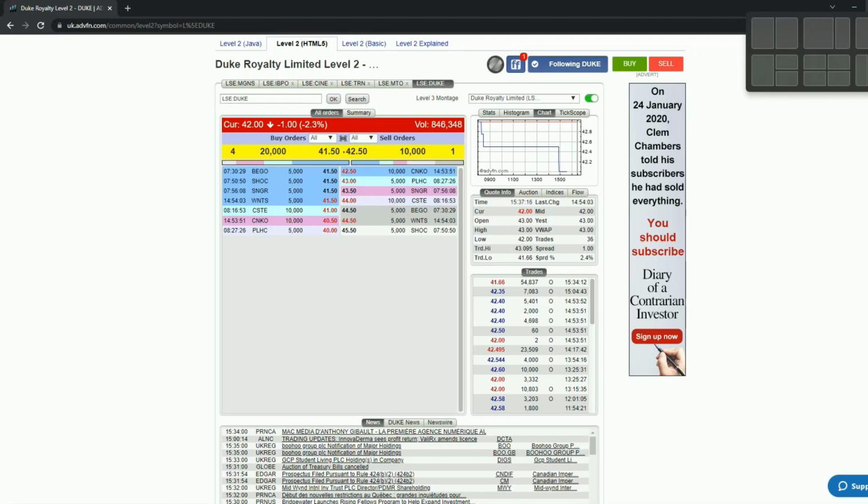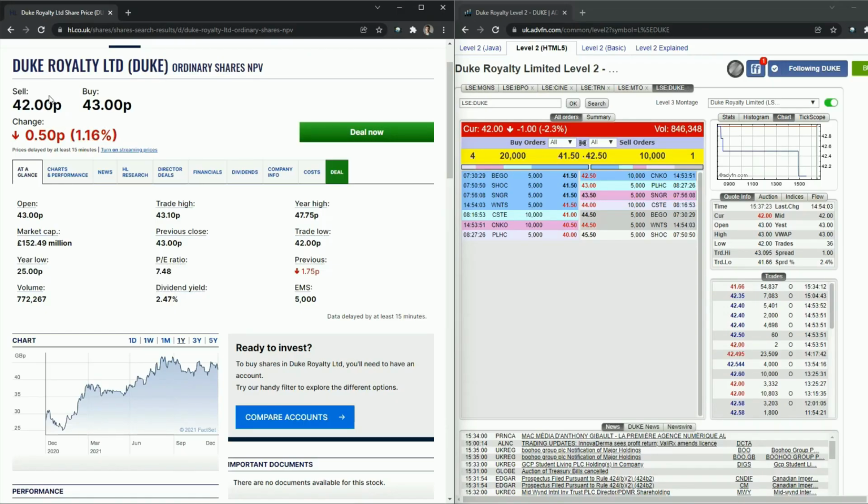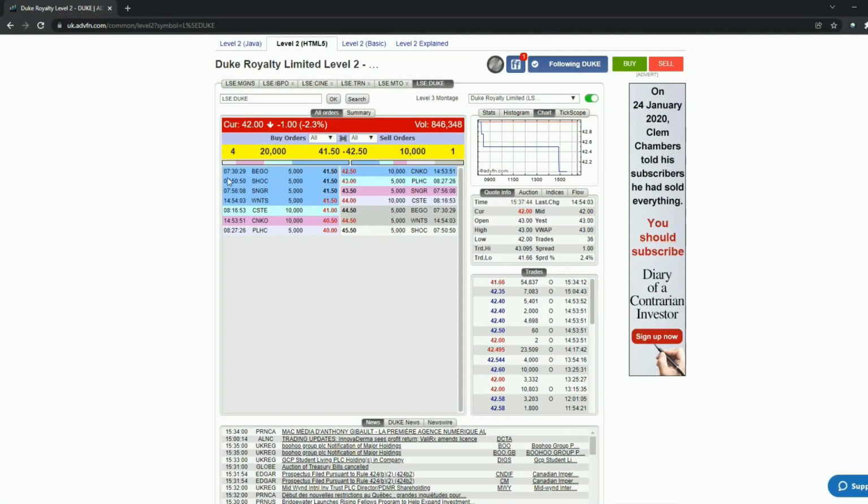So if we go back to level one, here we are back at level one. That's why level one labels it, almost to dumb it down, as a sell price, because of course there has to be a buyer to buy your shares. But as far as the actual market's concerned, they're not interested in dumbing things down at all. This is actually the reality of the situation: these are buyers.